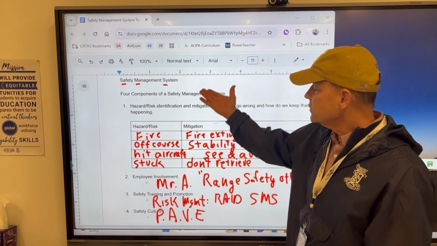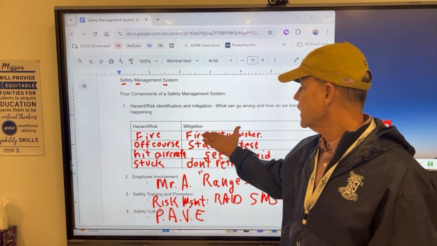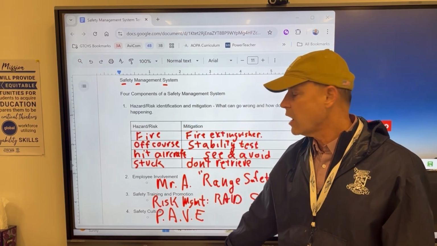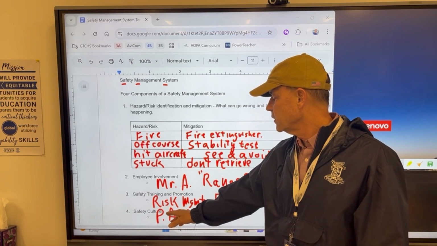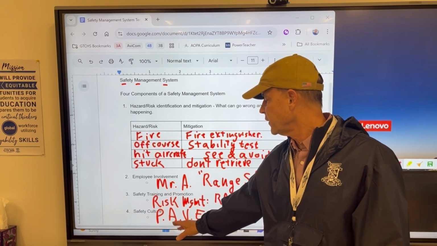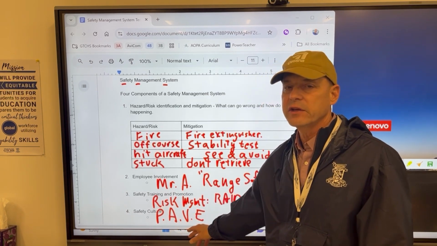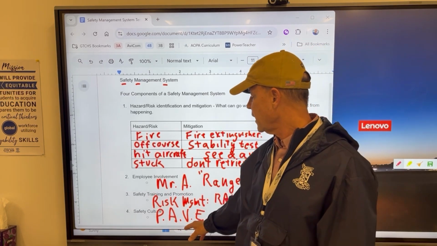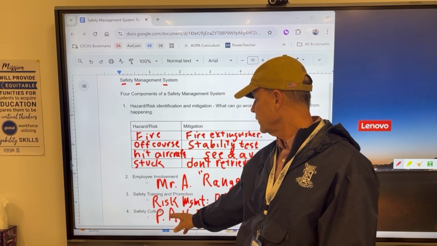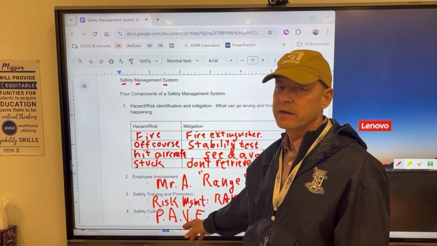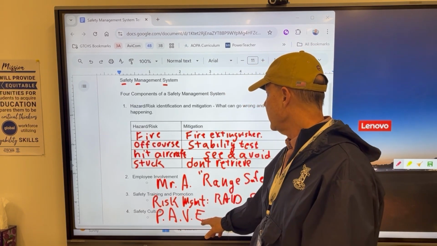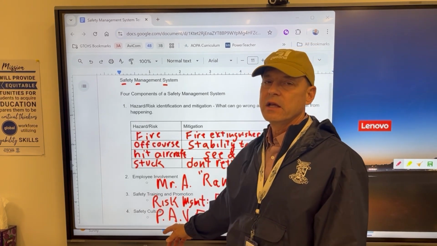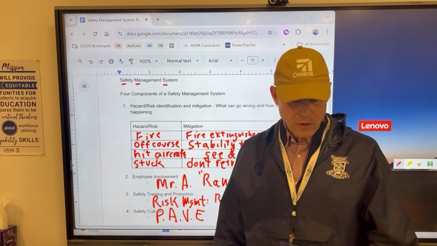In addition to us doing all these things to mitigate risk, we are not going to launch rockets unless we can safely say that we've satisfied all the conditions in this PAVE acronym. PAVE stands for the pilot, the aircraft, the environment, I know the V's a little weird, and then any external pressures. Real quickly, the pilot.